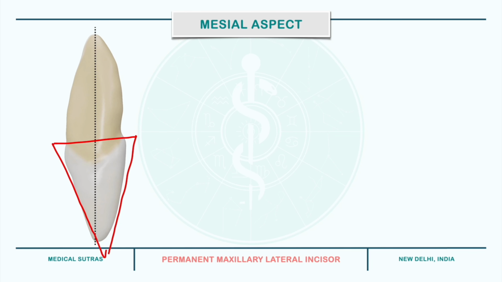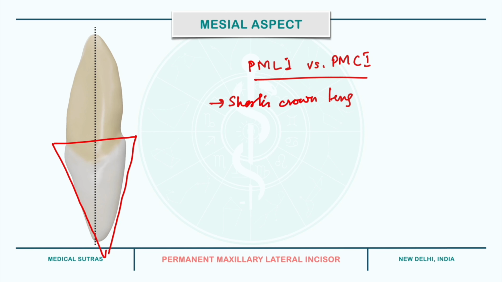The key points that differentiate permanent maxillary lateral incisor from permanent maxillary central incisor include a shorter crown length, relatively longer root.